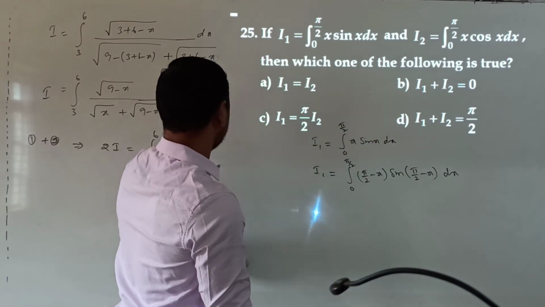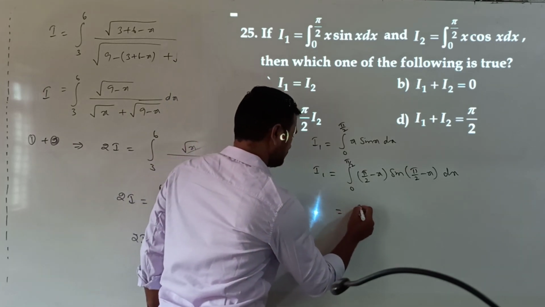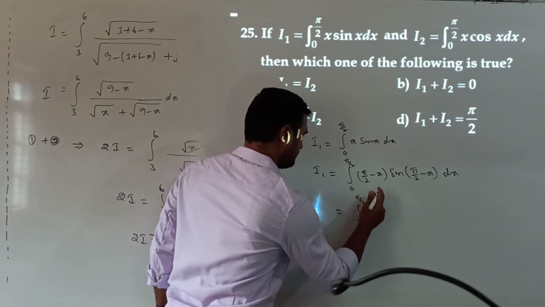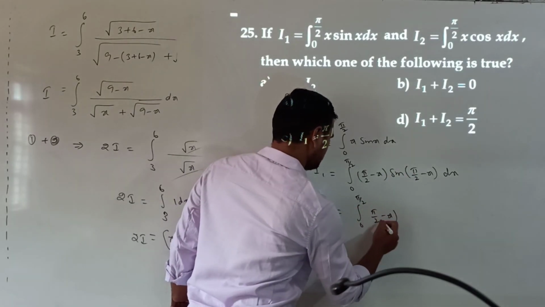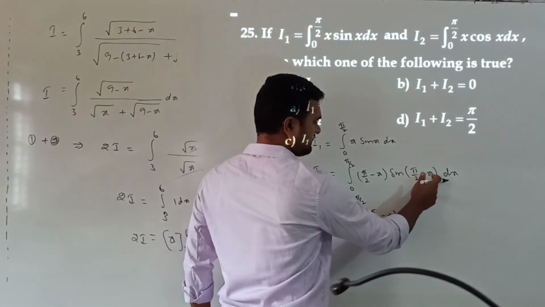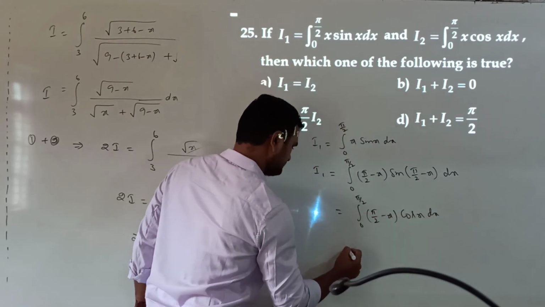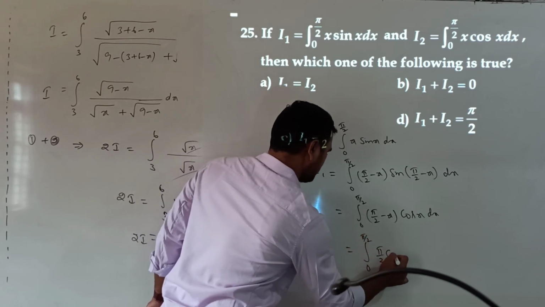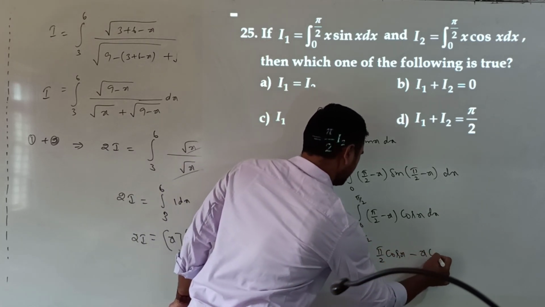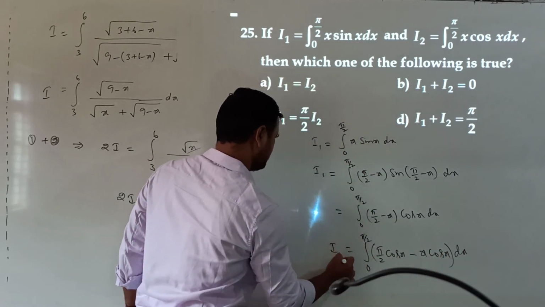After applying the property of integral 0 to a, simplify. Pi by 2 minus x, and sin of (pi by 2 minus x) will be cos x here. Now multiply: integral 0 to pi by 2 of pi by 2 cos x minus x cos x dx.